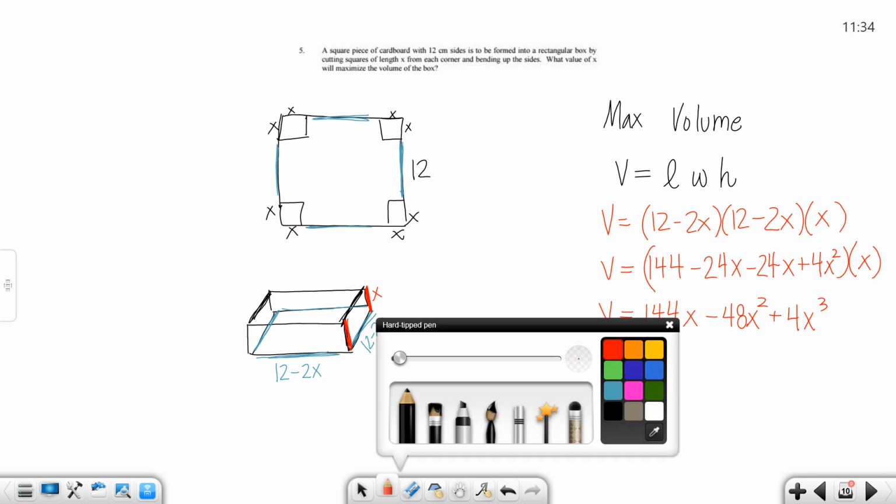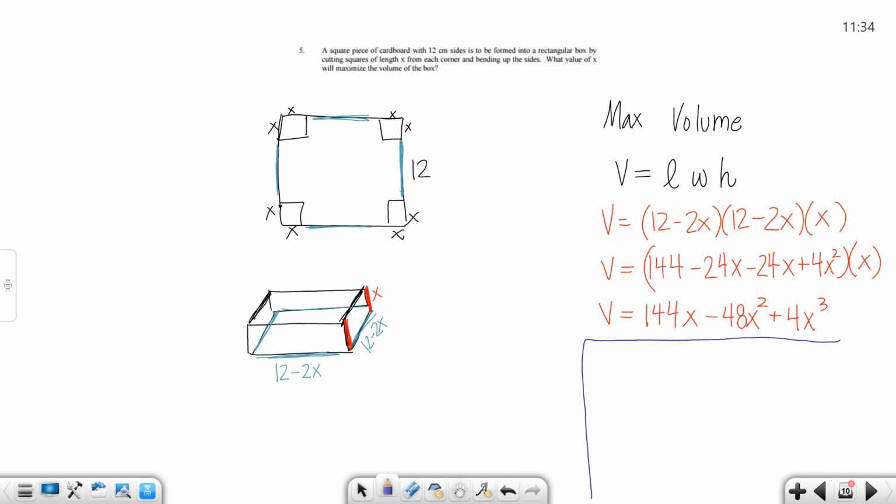So what I'm going to do is take 6 and 2, and plug them into this volume function, x equals 2 and x equals 6, to see which one would give me the largest volume. So volume would be 144 times 2 minus 48 times 2 squared plus 4 times 2 cubed.